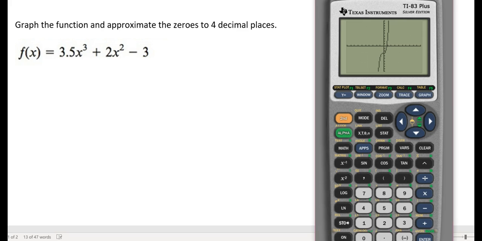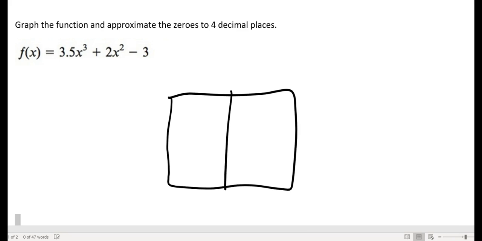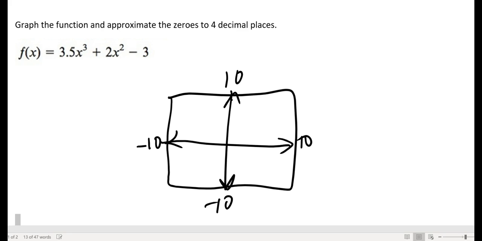Sometimes we're going to need to adjust the window view so that we can see our function. Maybe it's not in that 10 by 10 area. Our window looks like this.